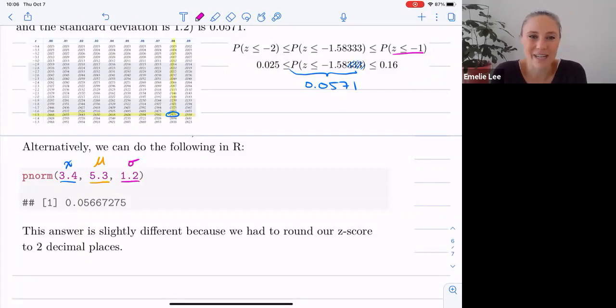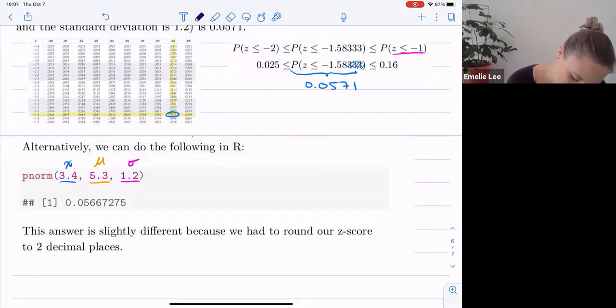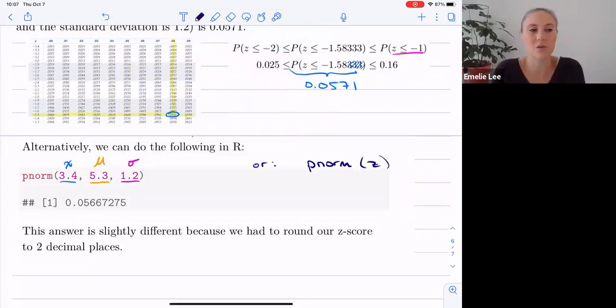I haven't tried it yet, but I guess if you have the z-score, you could just use the p-norm of whatever the z is. So if you have the p-norm of negative 1.58, then it should give you the same thing here.